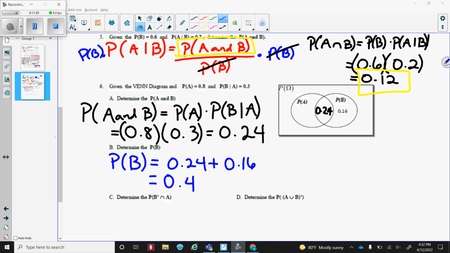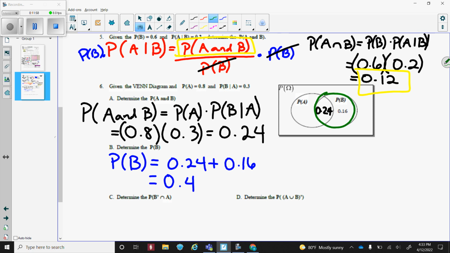Looking at part C, we're trying to determine the probability of not B and A. So when we're looking at this, we're trying to figure out, well, what's not B and A? If it's not B, then it cannot include any number from that circle.